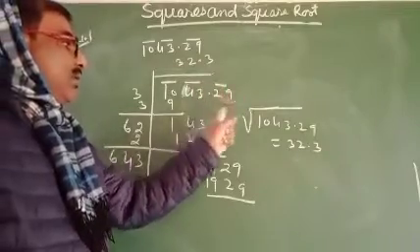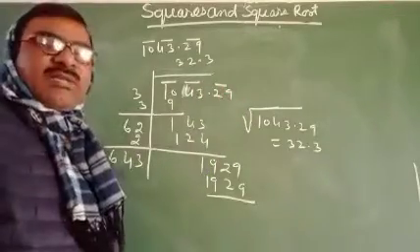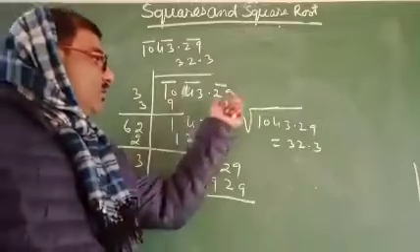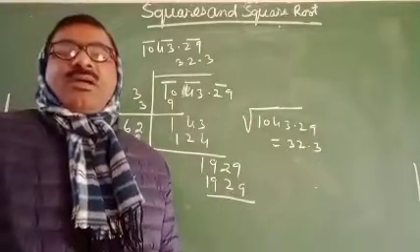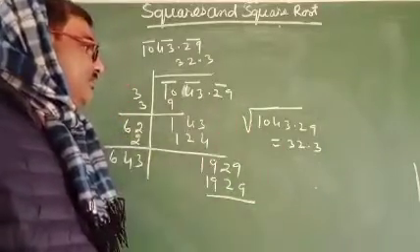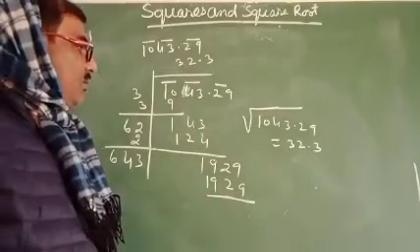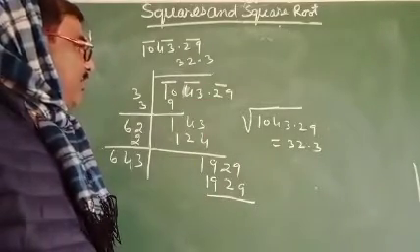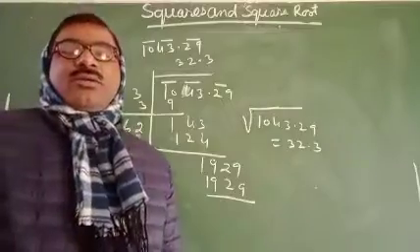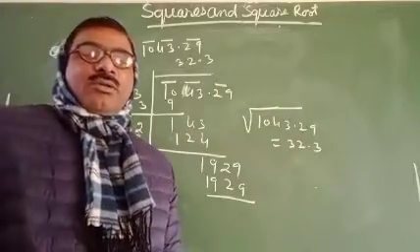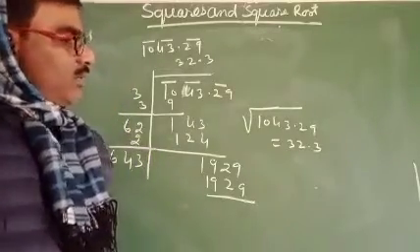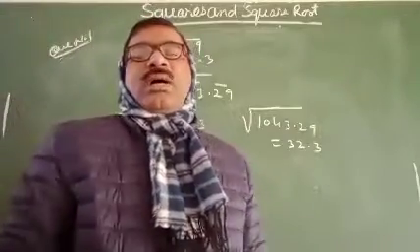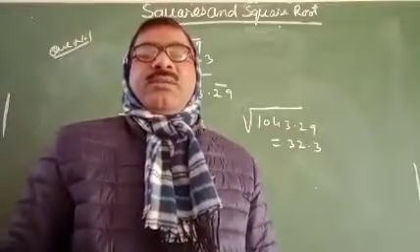If the number after the decimal is not a pair, then we put 0 to make a pair, and apply the process which is also used for integers. So I hope that dear students, you can do all these types of questions very easily.